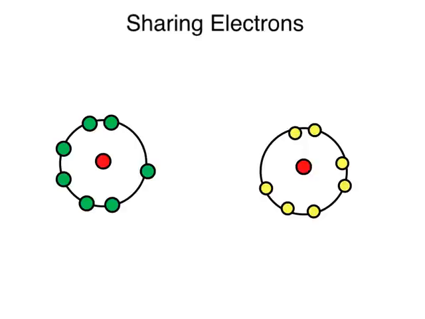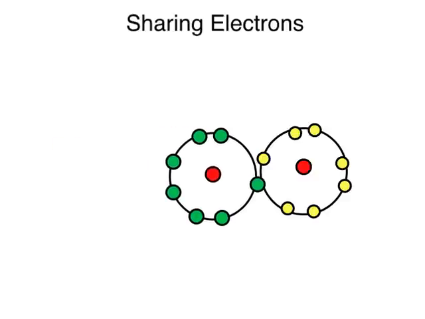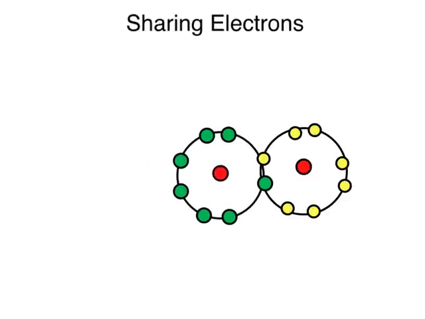Now what we ideally want to have, the same as with ionic bonding, is a complete shell of electrons. So what actually happens is that one electron from each atom moves over so that we get a share of all of those electrons.